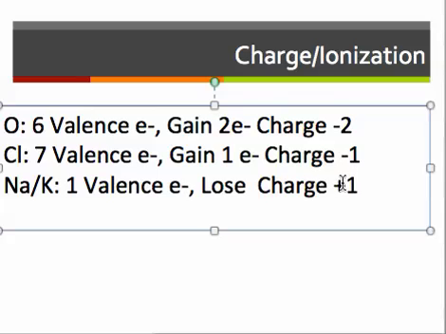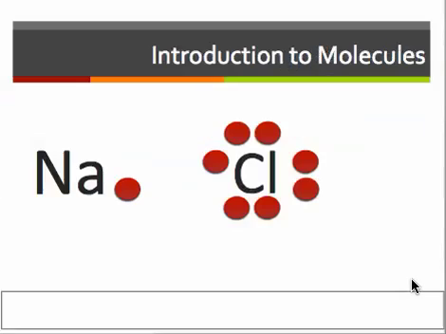Okay, so now let's move even further forward into why we would care about these charges. So now let's talk about molecules. And specifically, let's consider the combination of sodium and chlorine. The atom sodium and the atom chlorine are neither in their stable electronic configuration.